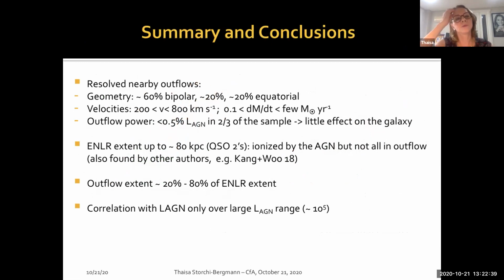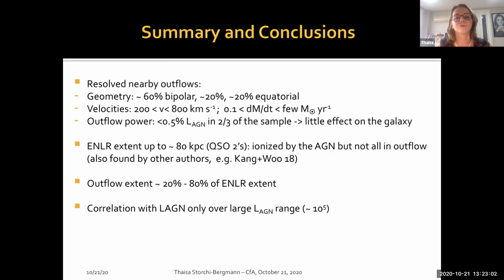Okay, so I'm almost ending. So, a summary of what we have been finding in the nearby outflows. The geometry in approximately 60% is bipolar. In 20% it is compact or not well defined. In 20% it is equatorial.